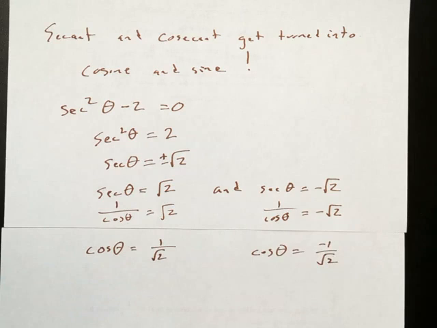And here is where my brain lurches. What? 1 over root 2? All of my reference things are over 2, not over root 2, right? What's an equivalent fraction here?